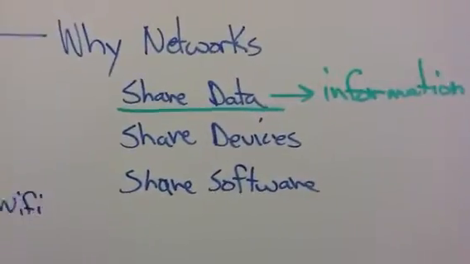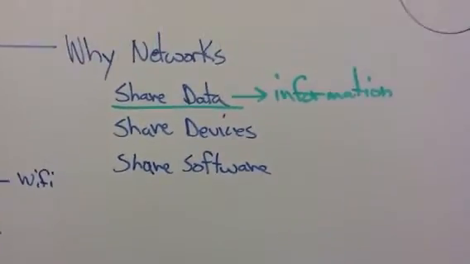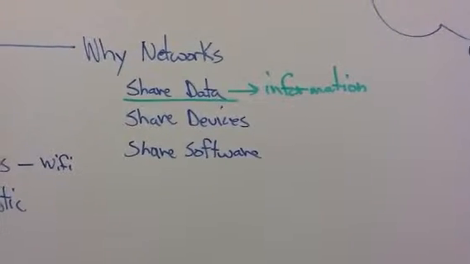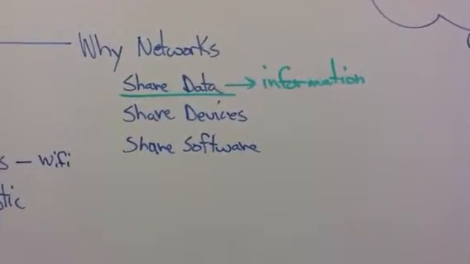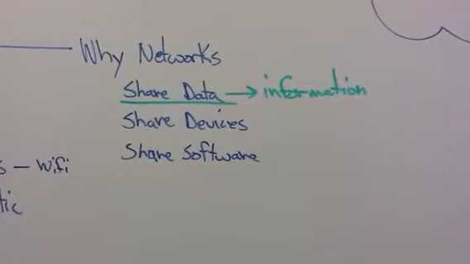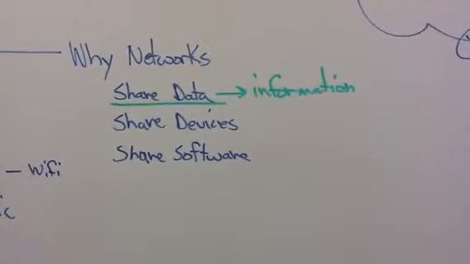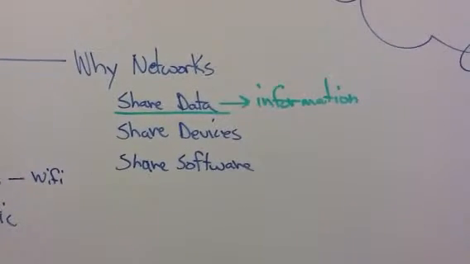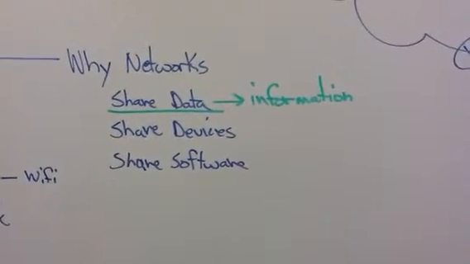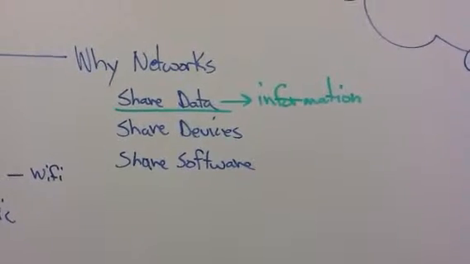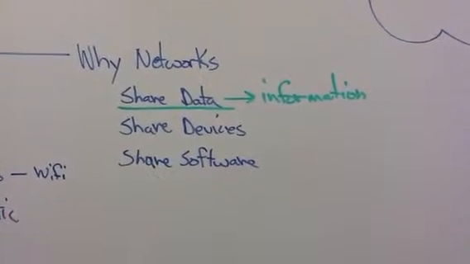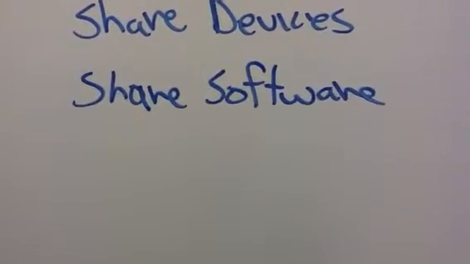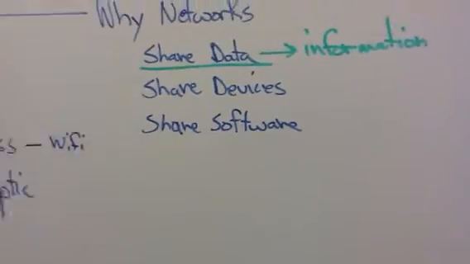Why do we use networks? We share information. That's probably the most important thing. Now, I wrote share data, and data is processed into information. We can share devices like printers and hard drives, where we store stuff, like even in the cloud. We use a network to put our pictures or whatever, back up our computers on devices in other locations. And then we share software, and we talked about being careful about understanding licensing of software.